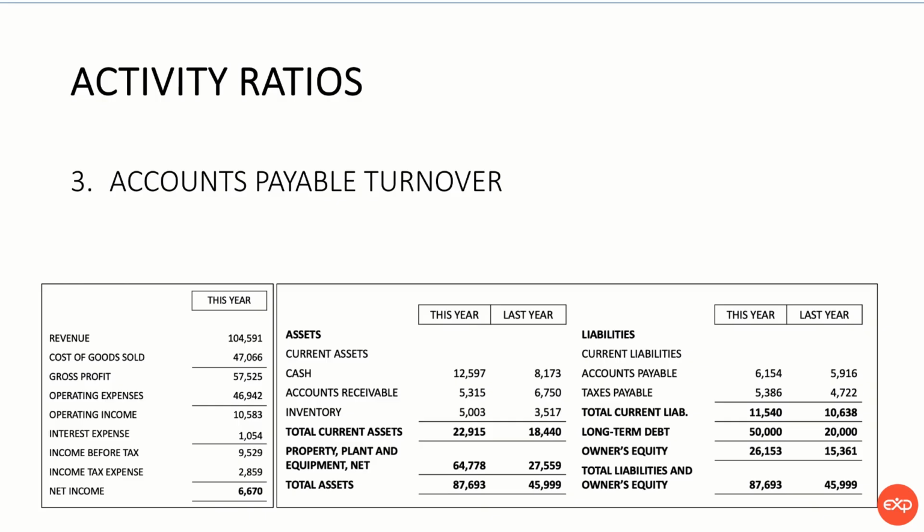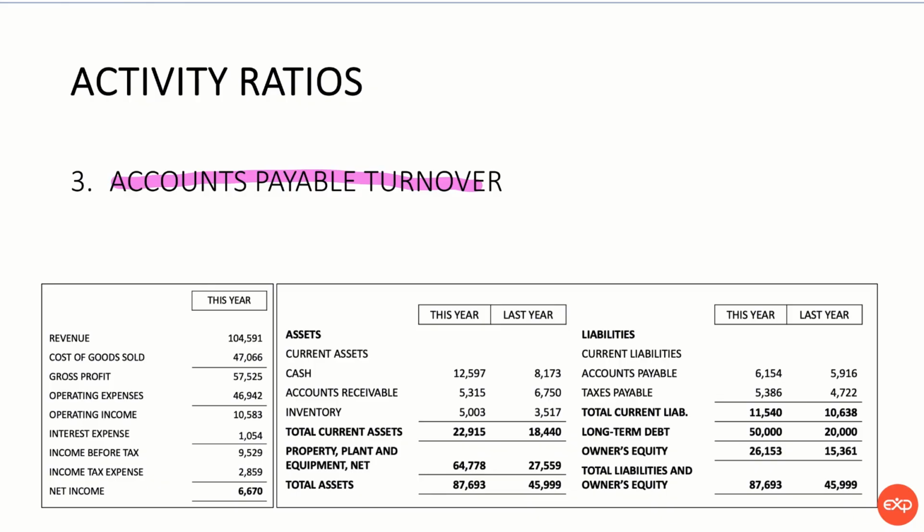Next calculation, we are dealing with accounts payable turnover. Now, accounts payable turnover, similar to inventory turnover and accounts receivable turnover, the focus is just a little different. We are looking at accounts payable itself. It's a financial metric that measures how efficiently the company manages to pay its suppliers by evaluating the number of times it pays off its accounts payable during a specific period.